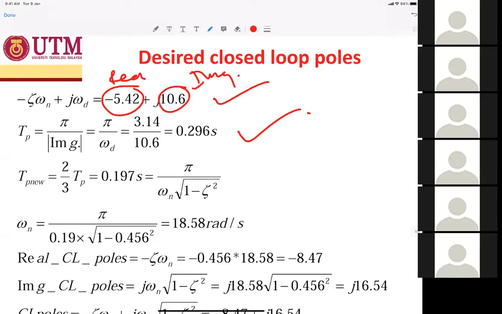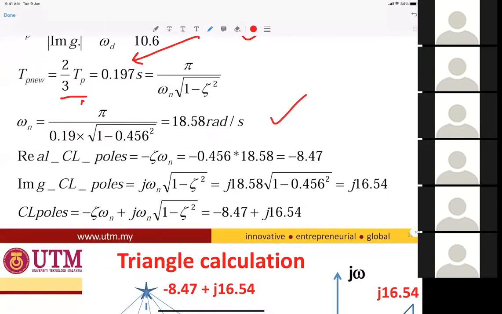New Tp is 2/3 of Tp, so it becomes 0.197 s, the new peak time. Then the omega n will be 18.58 radian per second. So the new closed loop pole will become minus 8.47 plus j 16.54.